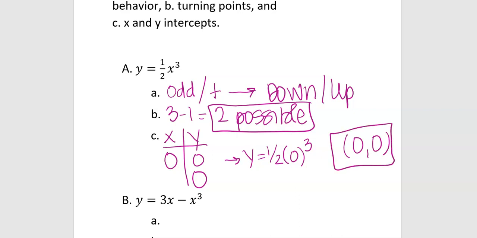If I put a 0 in for the y, what do you get for the x? Wouldn't you get 0 again? You don't always get 0, 0 for both of them, but on this one you do. So this one only crosses the x and the y axis right now at 0, 0. Sometimes there's more than one.